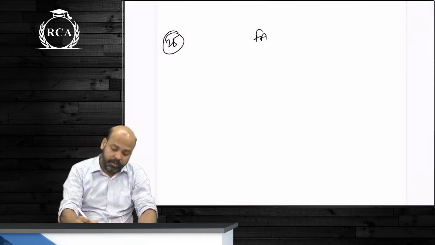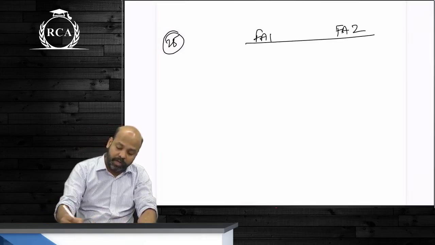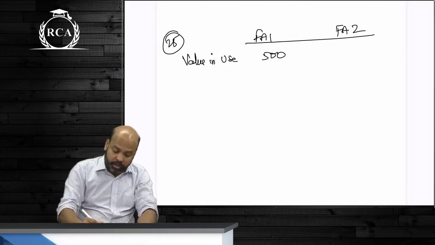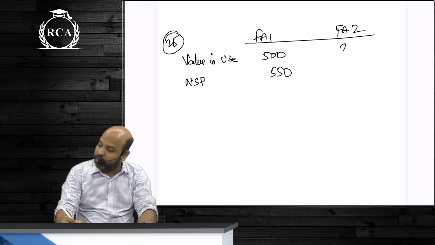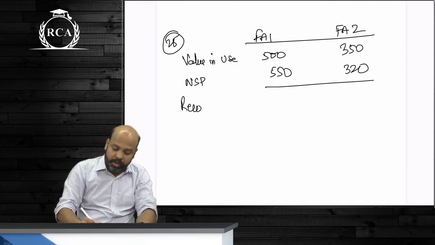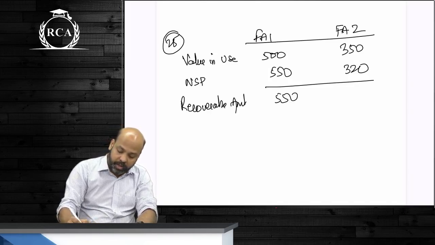FA1, FA2. First, what is the value in use, guys, of FA1? 500. FA2? ये नेट सेलिंग प्राइस है. नेट सेलिंग प्राइस is 550. इसका value in use 350. और ये higher of these two will be your recoverable amount. How much is your recoverable amount? 550. Here 350.